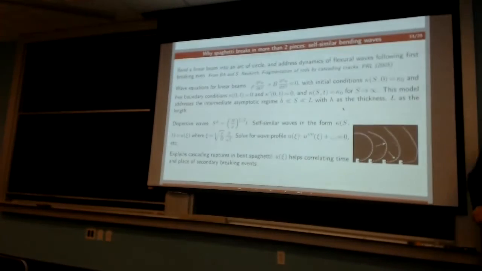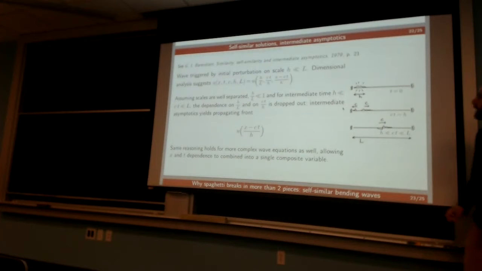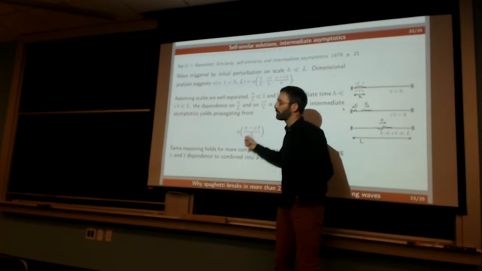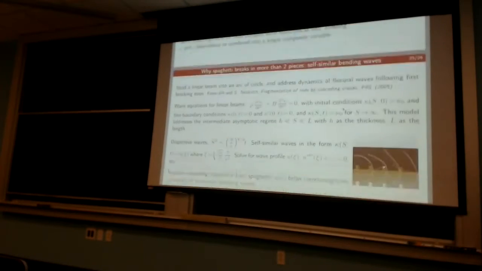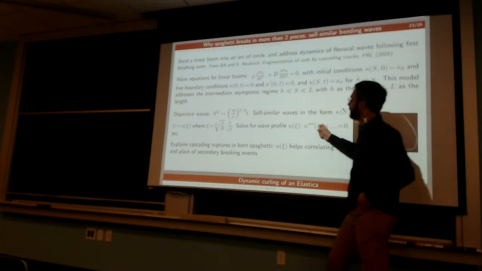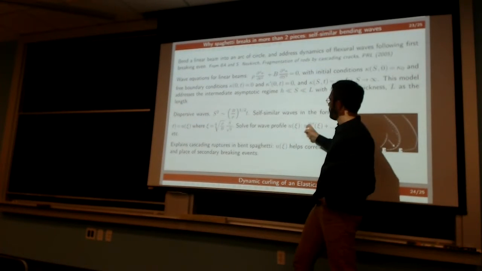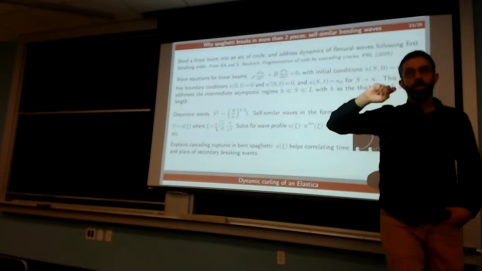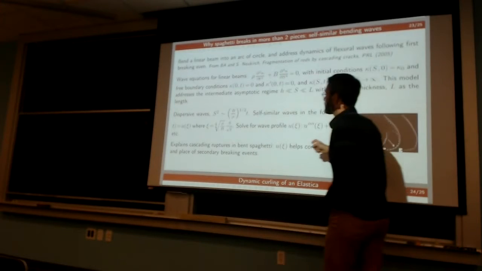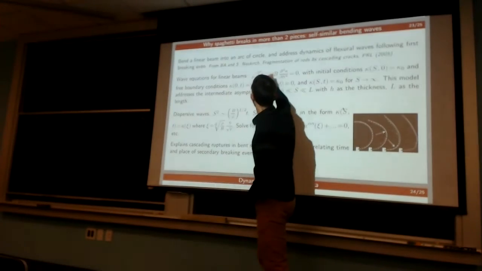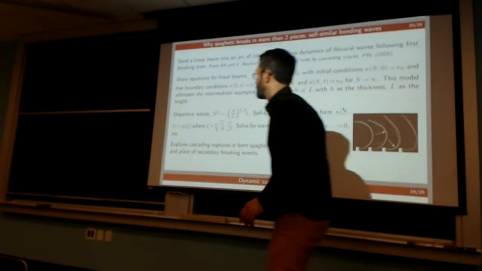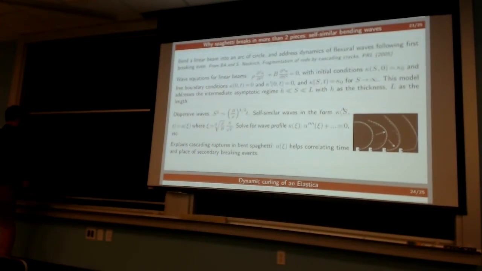And it's a little bit like in the previous slide. I've shown you that in the long term, there's this combined variable that combines X and T. So it combines it this way for a simple wave equation, but it will be combined this way for this other equation. And you can just try inserting this special form into the original equation, into the boundary condition, and you have a set of equations which are well posed, and the solution looks like that.